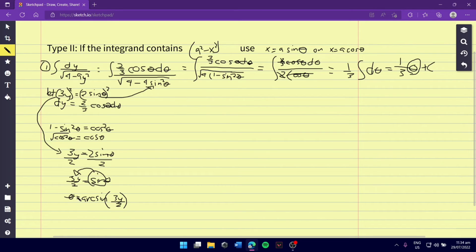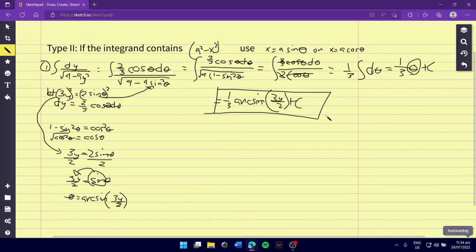Okay, so now we have the value for our theta. So let us distribute it. This becomes 1/3 arc sine of 3y over 2, then your arbitrary constant, which is c. So now we have your final answer for your type 2.